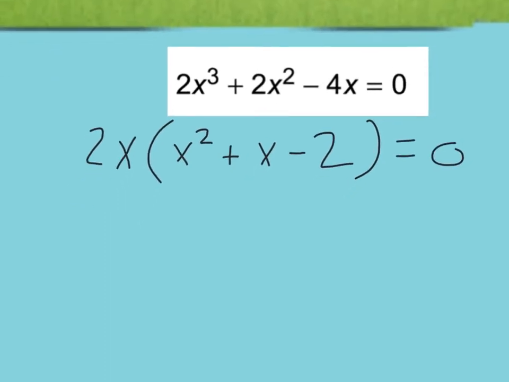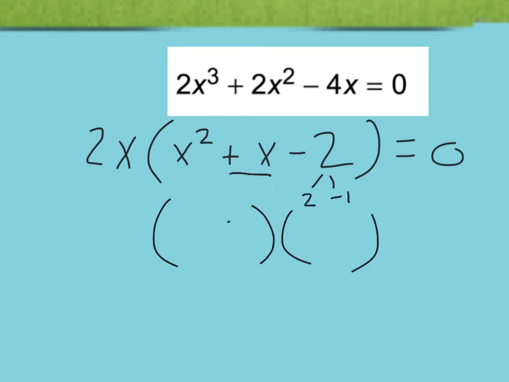Perfect. So now we can break down this parentheses into 2 other parentheses. So we can factor this just like normal. So we need 2 factors of -2 that add up to +1. What are they going to be? 2 and -1.